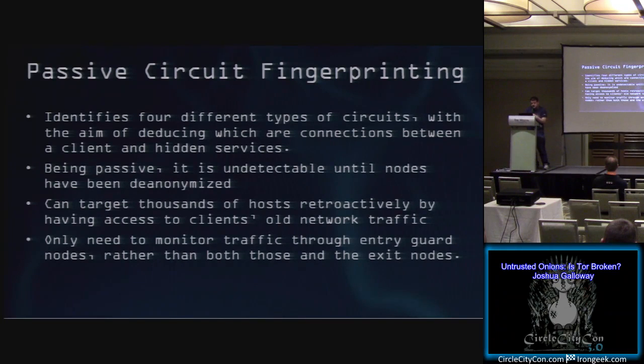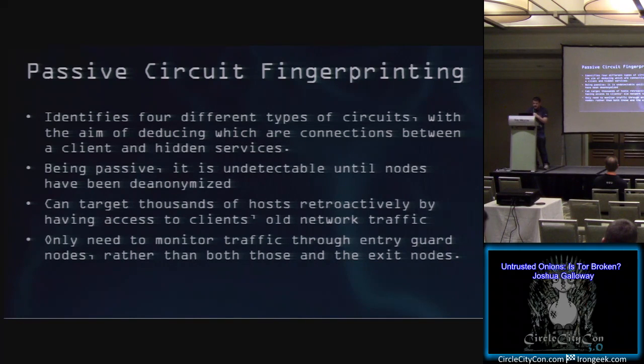But it requires that traffic can be monitored either through the ISP or through entry guard nodes. So entry guard nodes have to be compromised, whereas a lot of other de-anonymization attacks on Tor require both the entry guard node and the exit node to be compromised.